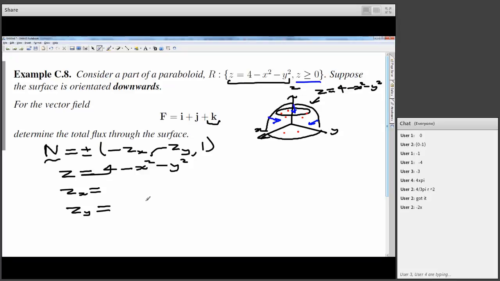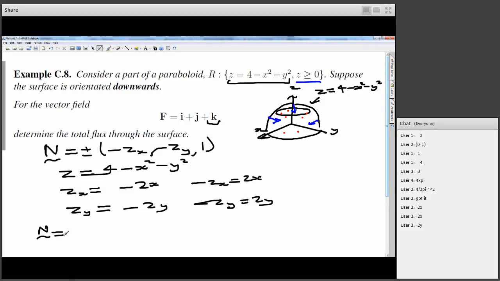So z_x is minus 2x, as Bill said, so minus z_x is positive 2x. And z_y is minus 2y, so minus z_y is positive 2y. So capital N is either plus or minus (2x, 2y, 1). It's one of the two options.